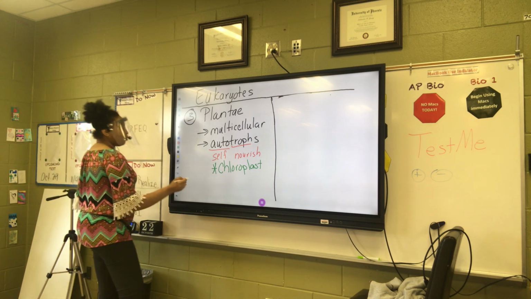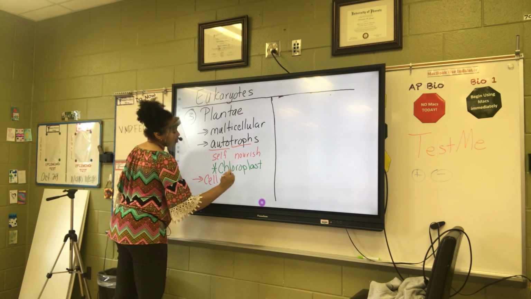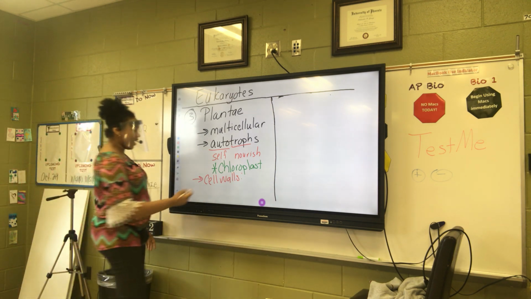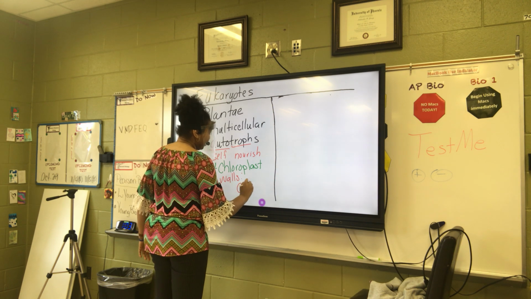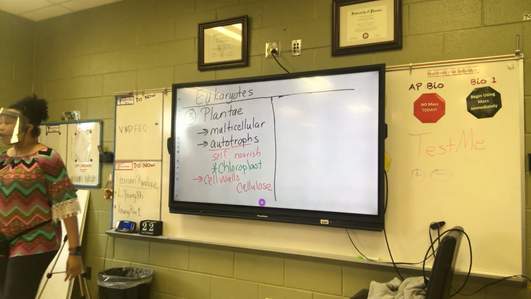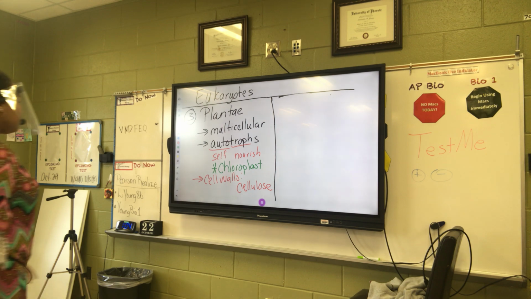They also have cell walls. What are plant cell walls made of? You better know this. Cellulose. All right, yes. Plant cell walls are made of cellulose. That's another one of our carbohydrate polysaccharides that we talked about in the last unit. Plant cell walls are made of cellulose.